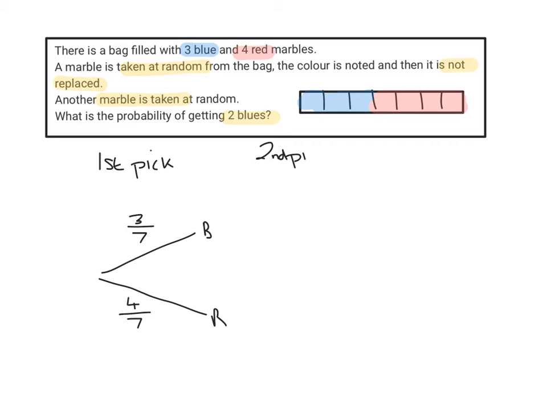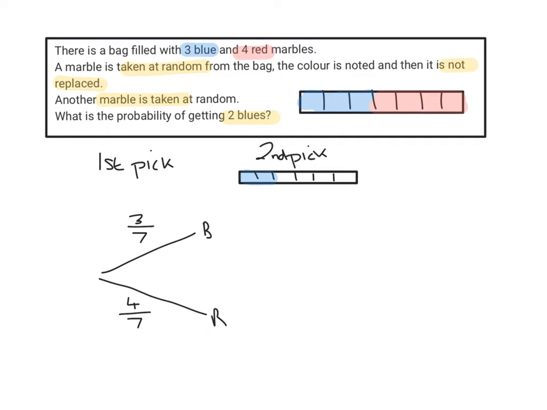Now this is where it starts getting a bit more complicated, because if I've picked a blue, and I'm just going to do this nice and small here, that means I've picked one of the 7, so I'm now down to just 6. I've picked a blue, so there's only 2 blue left.